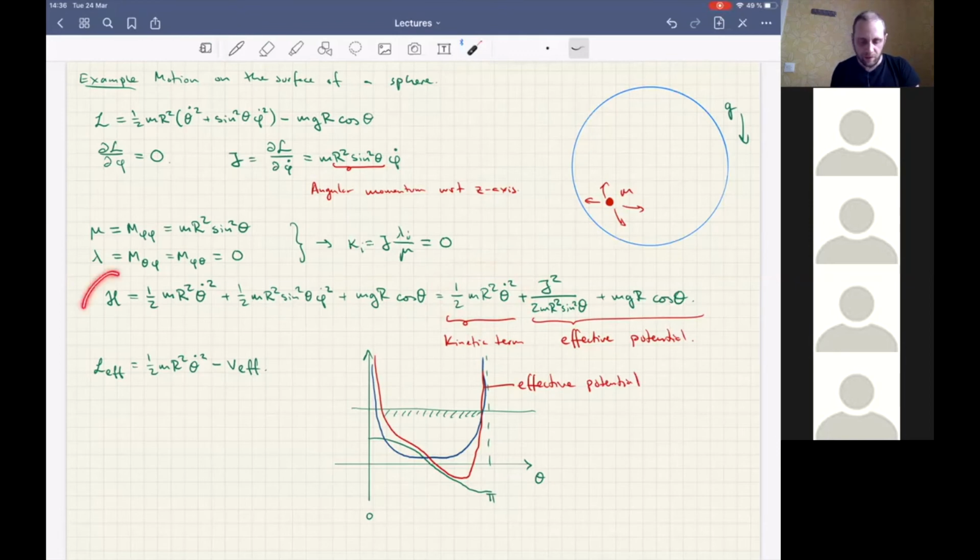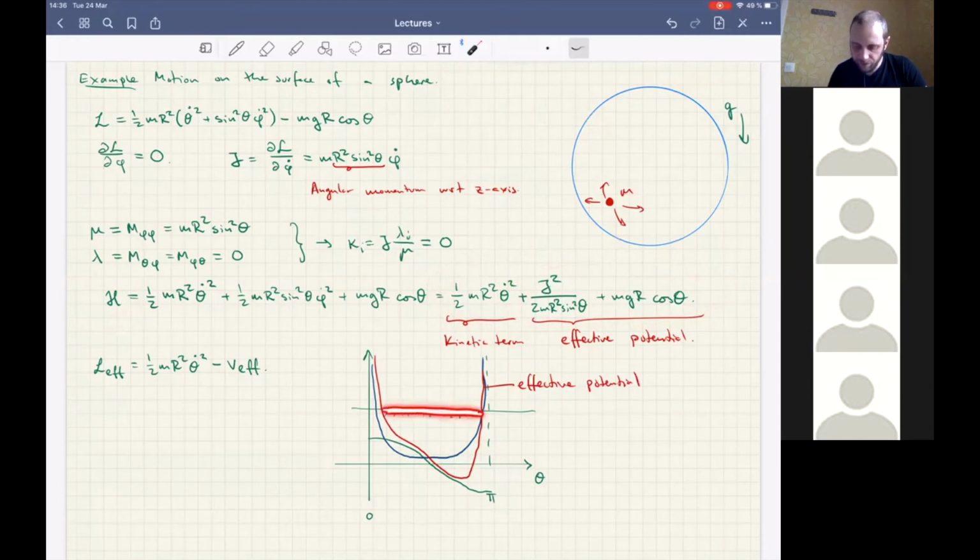Because this is the sum of those two, and this term is non-negative. So this Hamiltonian must be larger than or equal to this effective potential. So this means that we are restricted to move within this region.